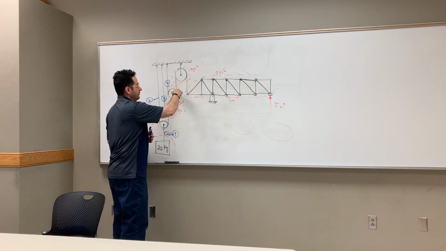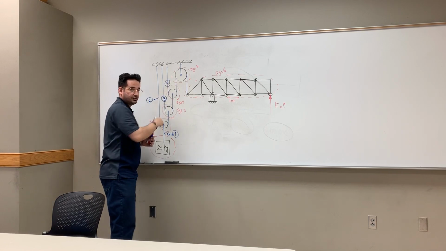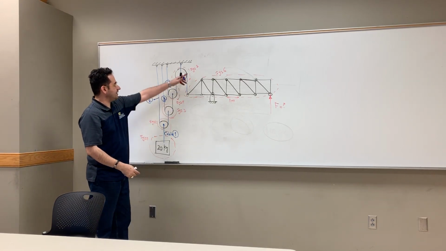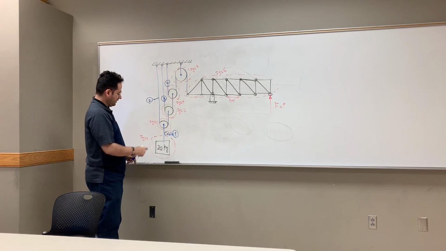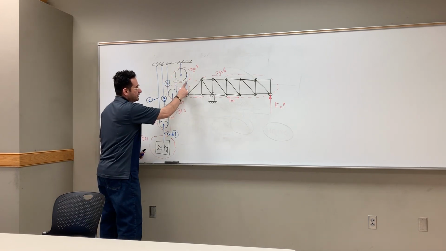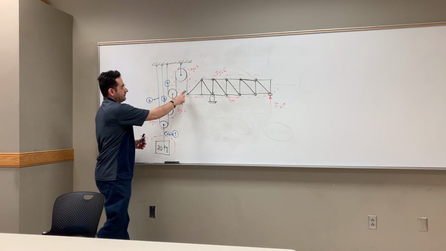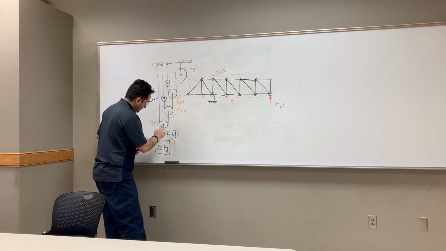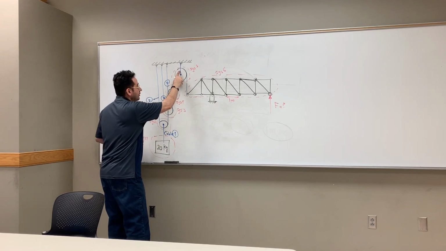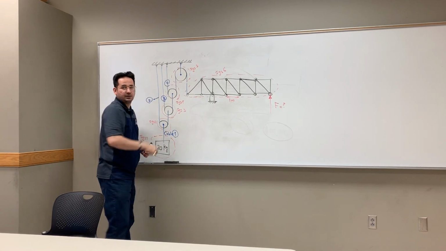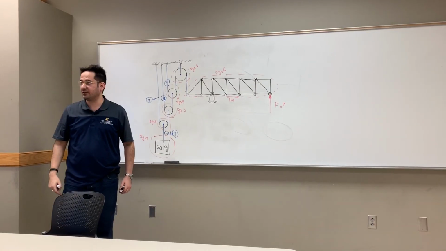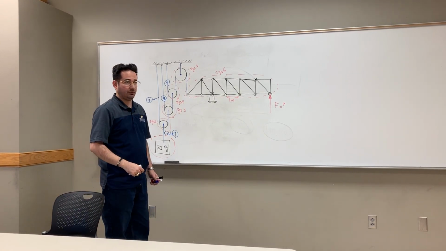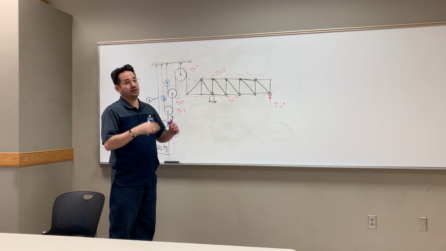Everywhere in cable 4 is the same, but when you go to cable 3, the force may be different. So you shouldn't say that the force is the same in all cables. There are different cables: one cable is here, one cable is here, and one cable is connecting this pulley to the other. So we have different cables. Don't forget, the force in one cable is the same. When you change the cable, the force may change.